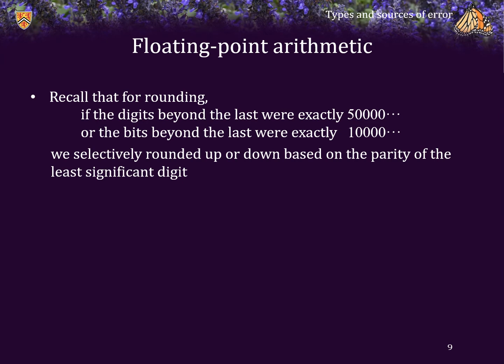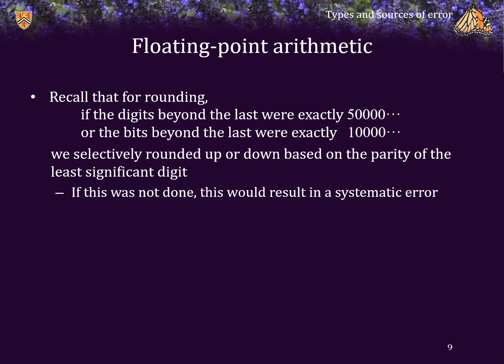If the digits beyond the last significant digit are exactly 50000, or the bits beyond the last significant bit are exactly 1000, then we selectively round up or down based on the parity of the last remaining least significant digit, be it a decimal digit or a bit. Now, if this was not done, if we always rounded up or down, this would actually introduce a systematic error into our floating point calculations.